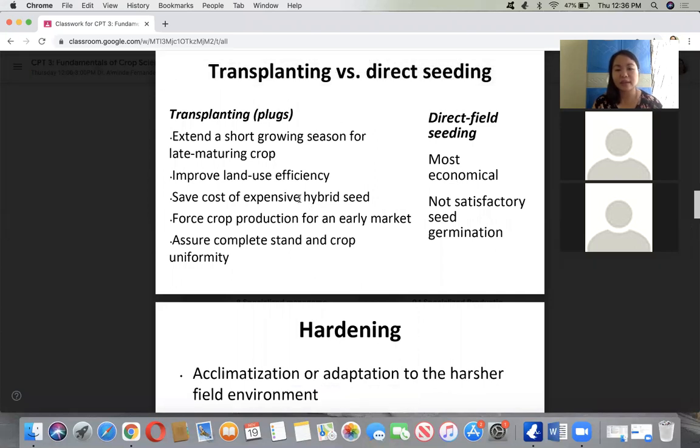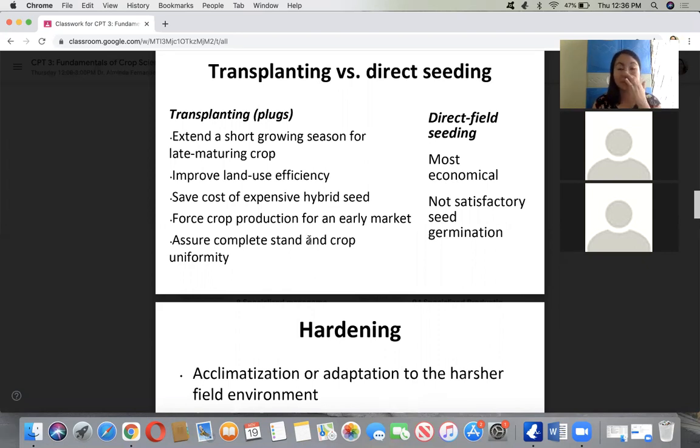So if you use hybrid seed that you bought at 1,000 per sack, like for corn, but we don't transplant corn, but if you transplant a hybrid seed, it is more economical. And it forces crop production for an early market.